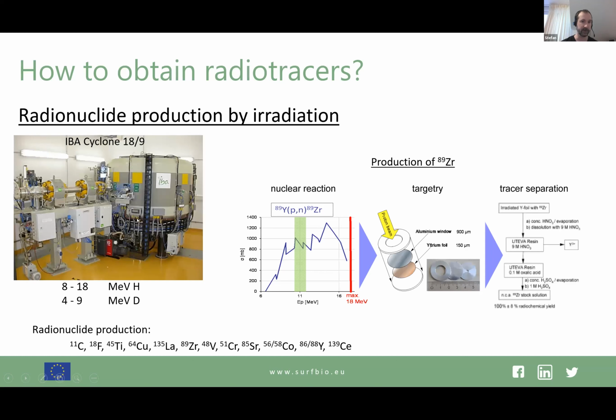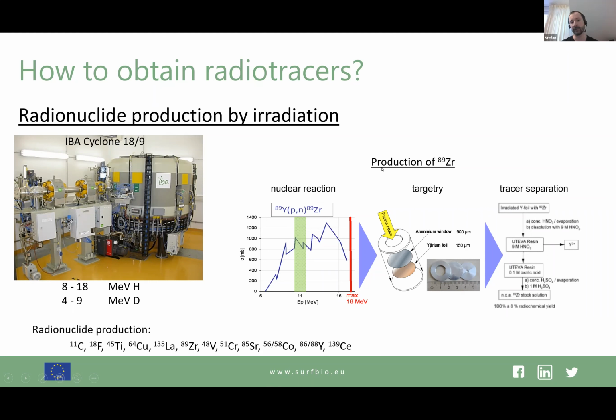So within these bowls, so to speak, the protons will be irradiated, and then they can be directed onto a target, typically a solid state target, or here this is a liquid target, to induce different nuclear reactions that we then use to produce radionuclides.